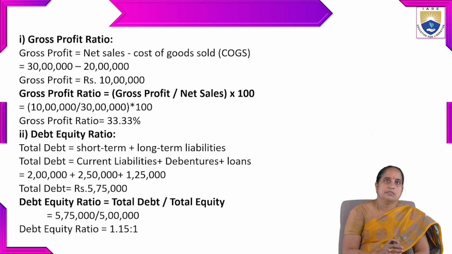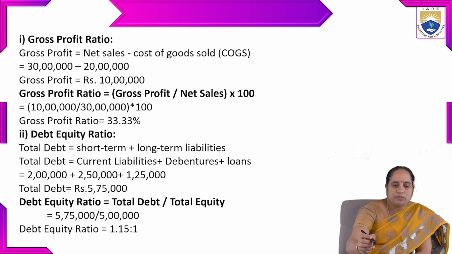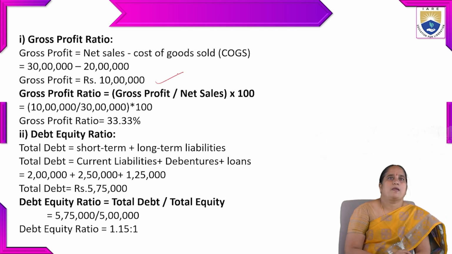The first one is gross profit ratio. Gross profit can be computed by using the formula gross profit is equal to net sales minus cost of goods sold. So net sales 30 lakhs minus cost of goods sold 20 lakhs. So our gross profit is 10 lakhs.